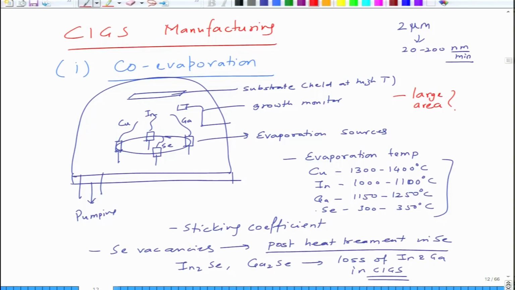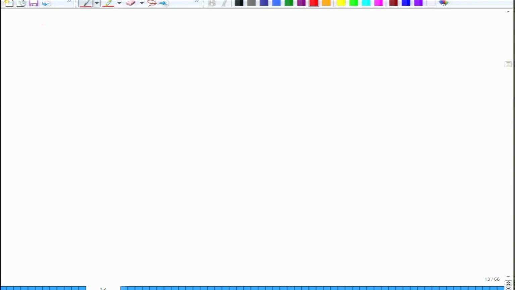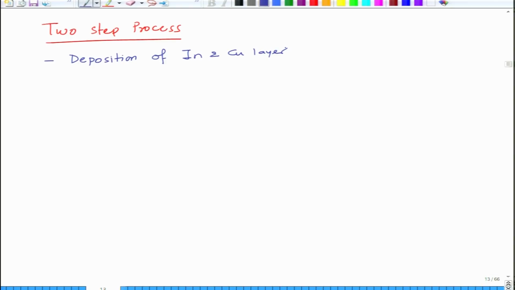So, generally people also follow what we call a two-step process. In this two-step process, first one does deposition of indium and copper layers, or copper indium layers, followed by heat treatment in a selenium environment.